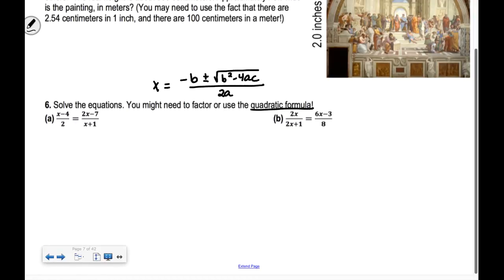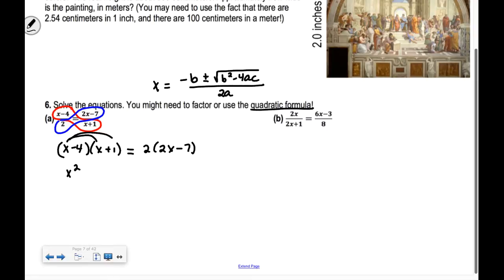So let's try this. It says I have (x minus 4) times (x plus 1) equals 2 times (2x minus 7). So all I'm doing right now is cross multiplying. I'm taking those two times each other equals these two times each other. So as I start solving it out, I get x squared.